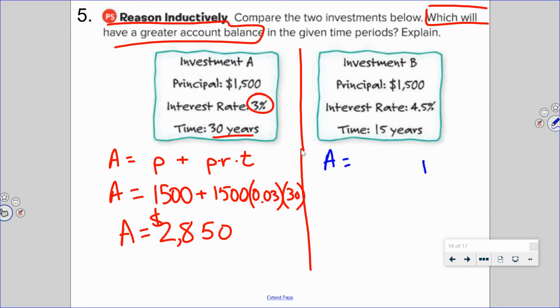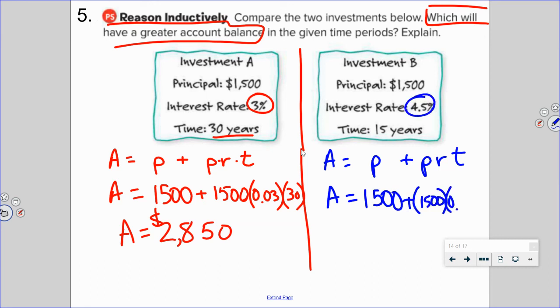All right, now let's take a look at the other one. Again, we're not just trying to find the interest, but we're finding the total value after that time period. So let's begin. Oh, still 1,500. Now this one has a different interest rate, 4.5%. 4% is 4 hundredths, so let's put the thousandths place in there. And this is for 15 years.